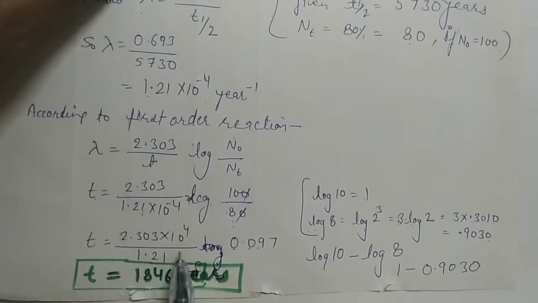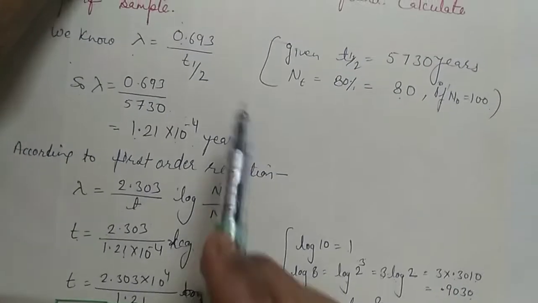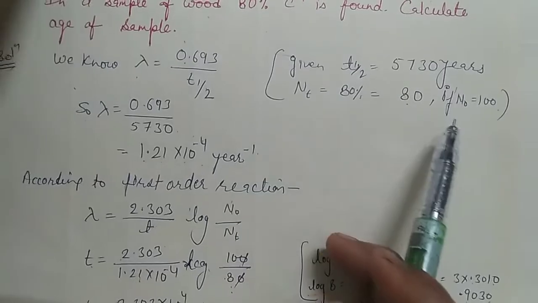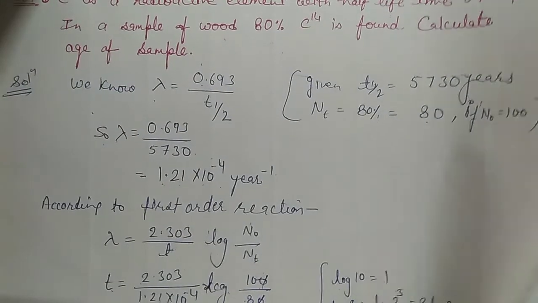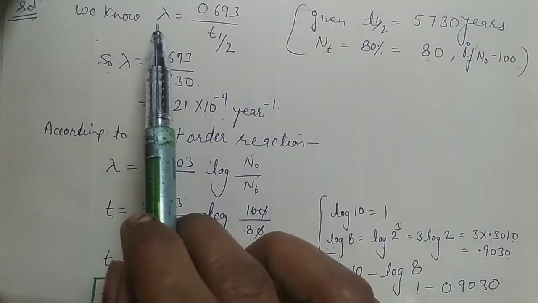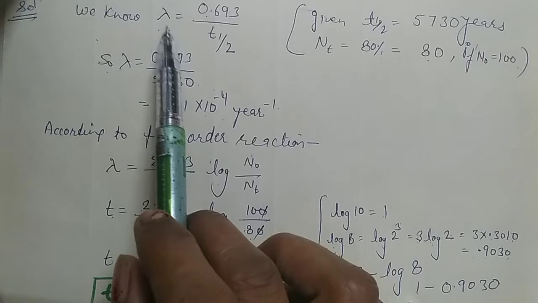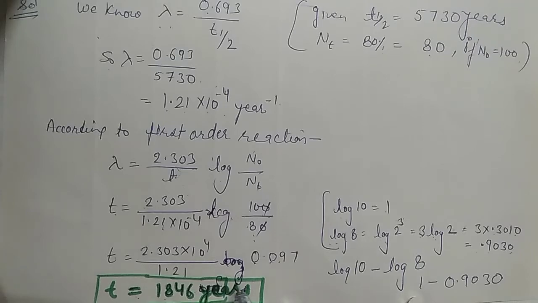When we calculate, the answer is 1846 years, which means the age of the wood is 1846 years. Clear? First of all we have to calculate the value of lambda, and with the help of this lambda we can calculate the age of the sample.